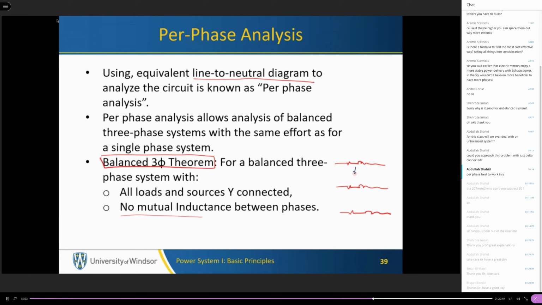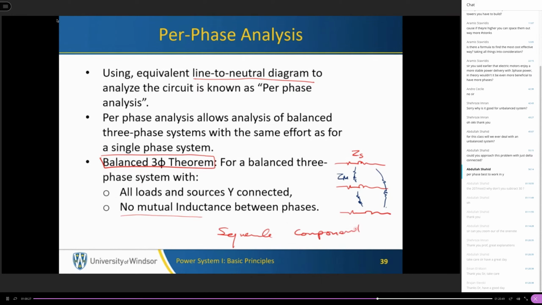There is also a mutual impedance between the lines, Z mutual, and this is ZS, the self-impedance. So what we do, we neglect the mutual impedance, or we analyze the system using the sequence components.